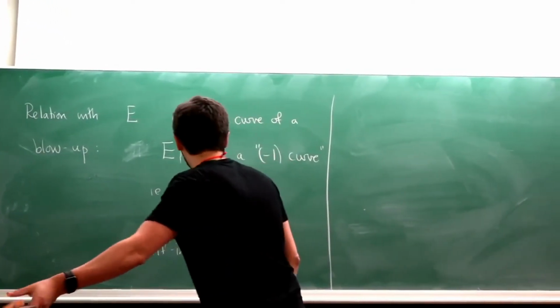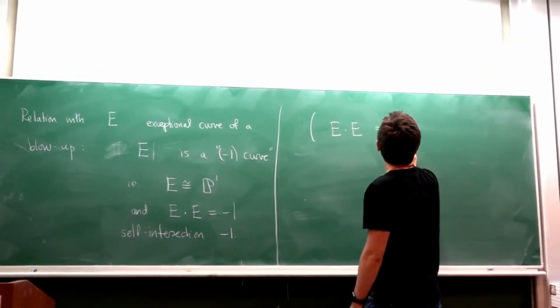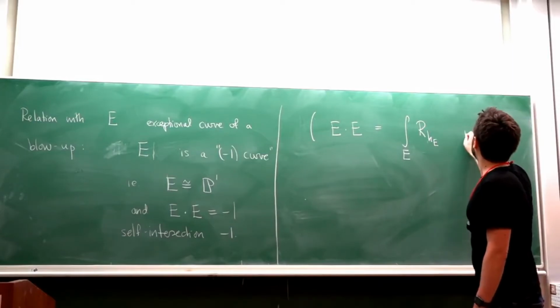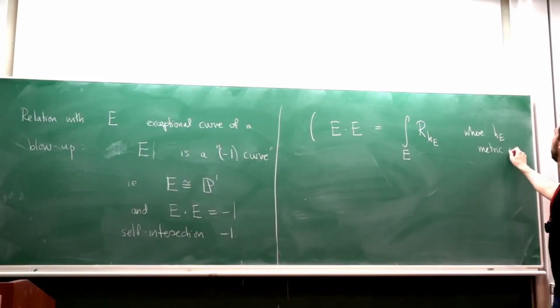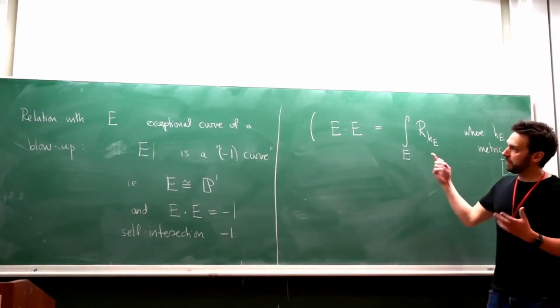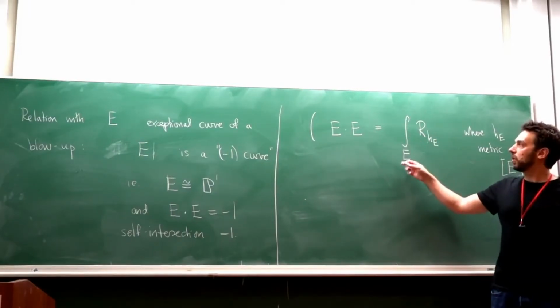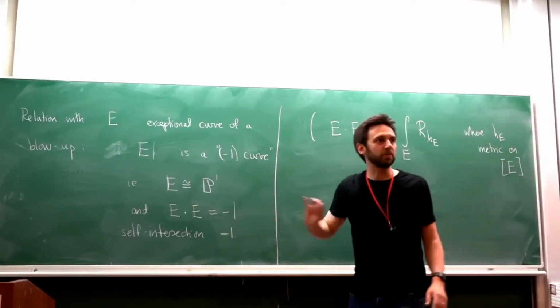We can just say, well, by definition, E dot E is simply the integral over E of R of H_E, where H_E is a metric on the line bundle associated to E. And then you can just do the computation, a simple exercise with the blow-up of the origin in C2, and what you get is the integral over P1 of the Fubini-Study metric with a minus sign, and it turns out you get -1.